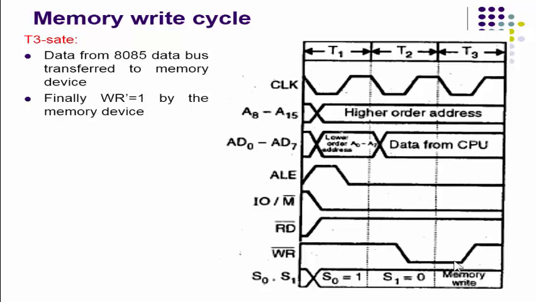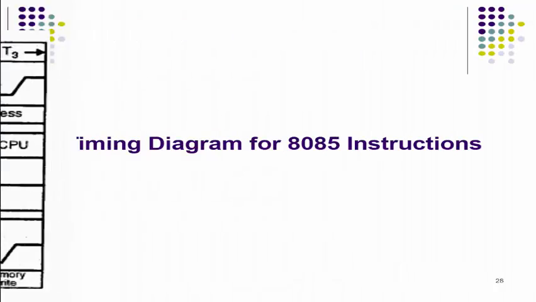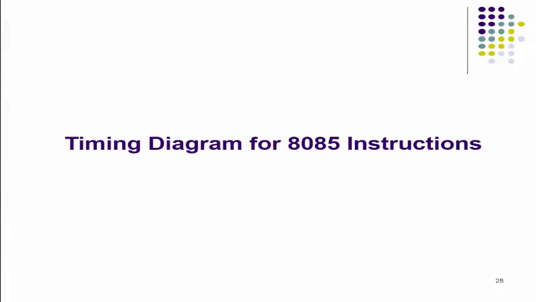And in T3 state this control signal WR bar is made high, which indicates the memory device has received the data from the microprocessor. So this is about the memory write machine cycle.